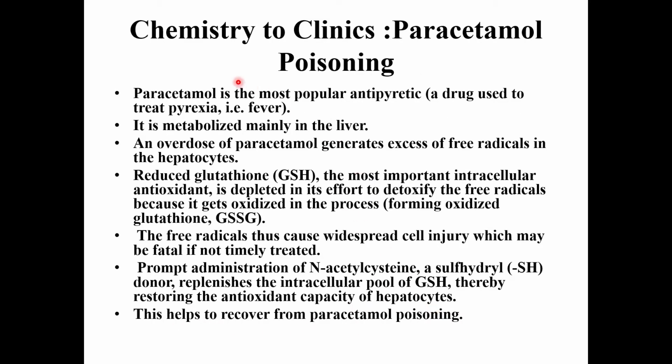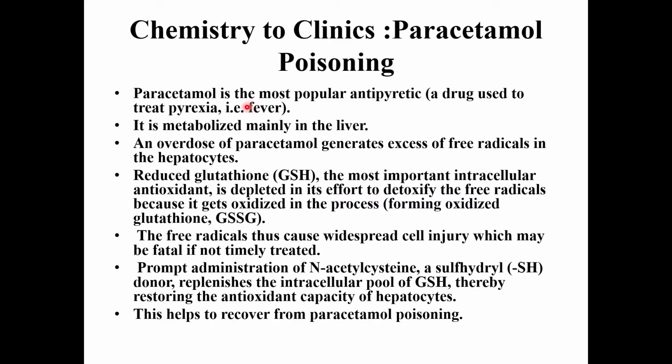Now, a little bit of chemistry to clinics. Paracetamol poisoning, a short note of 2 marks or 3 marks can be asked on this. So, as I already told you, reduced glutathione basically acts as an antioxidant. The role of an antioxidant is to scavenge the free radicals.